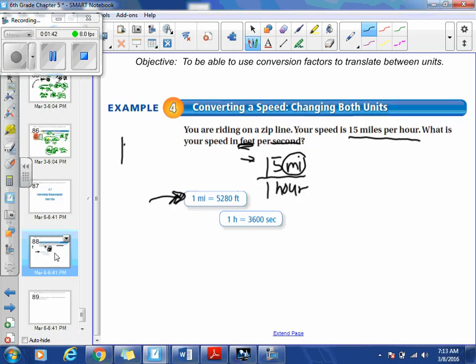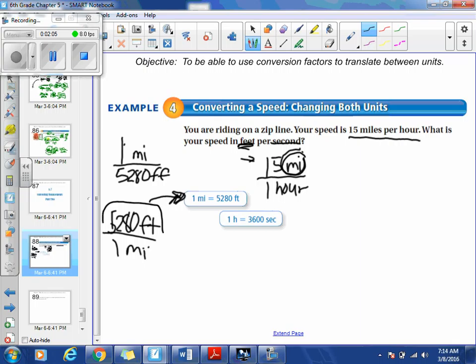So here are our possible conversion factors. We could say 1 mile for every 5,280 feet, or we could say 5,280 feet for every 1 mile. Remember, miles is what we are trying to get rid of. We're trying to convert into feet. So since miles is the top unit up here, we want to choose the conversion factor that has it as the bottom unit.